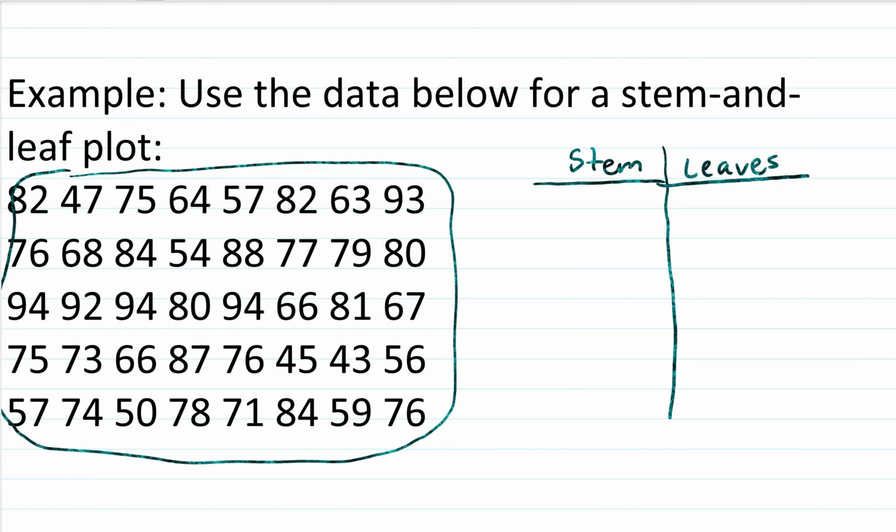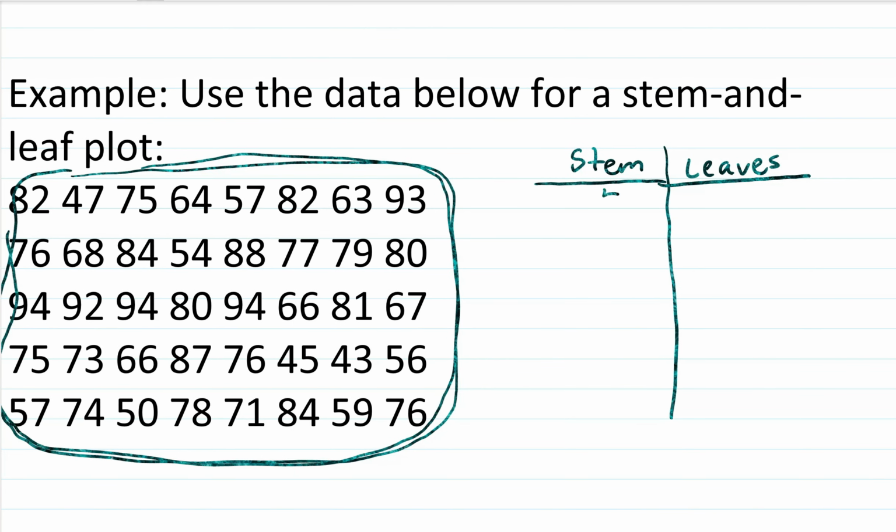So I see numbers in their 40s, 50s, 60s, 70s, 80s, and 90s. So that's going to be my stem. Since that's the case, those are my stems. The numbers in the tens places are my stems.